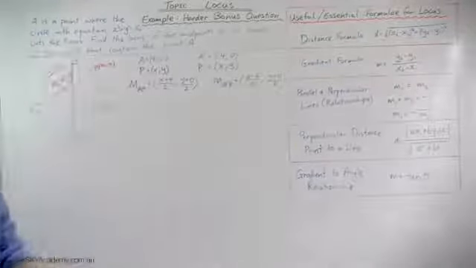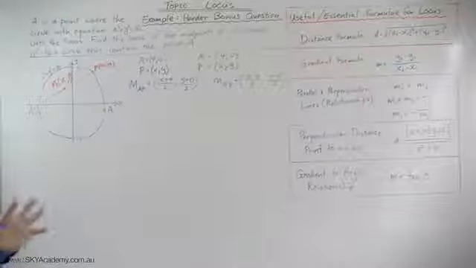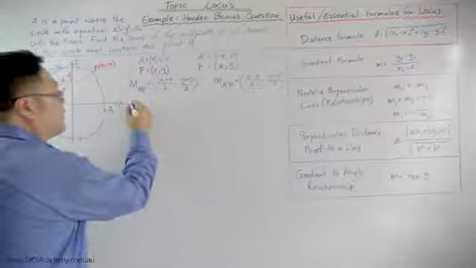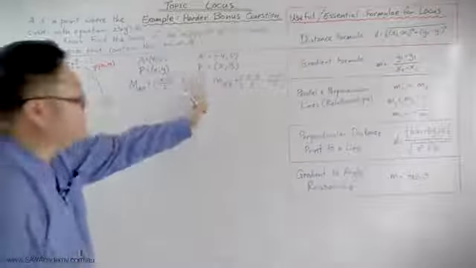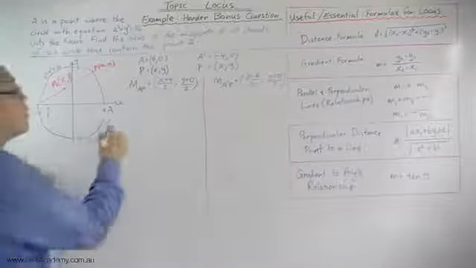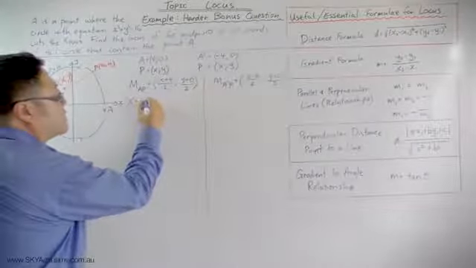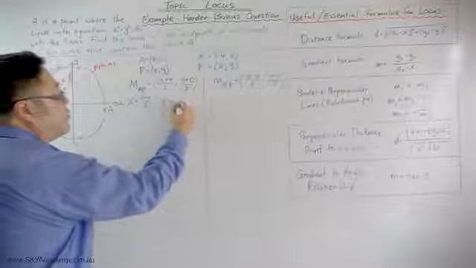Got it? Now we're going to do something sneaky here. Let's consider those two cases, and I'm going to keep these two cases separate. Let's work out what point X is. Capital X is going to be equal to (x plus 4) on 2, and capital Y is going to be equal to y on 2.